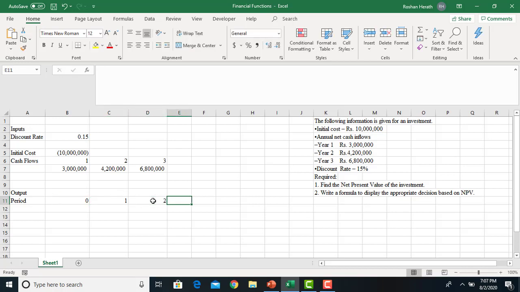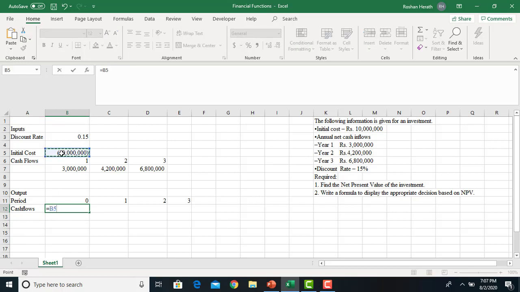The fundamentals come into play: year 0 represents the beginning of year 1, year 1 represents the end of year 1, 2 represents the end of year 2, and 3 represents the end of year 3. So it's a regular cash flow scenario. Then for the cash flows, you can simply make a reference.